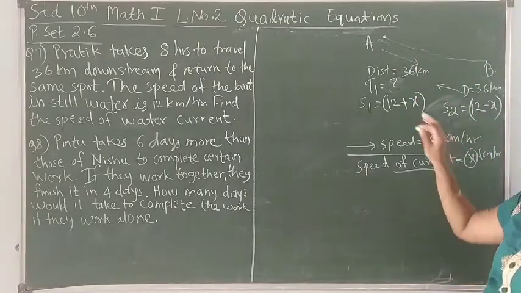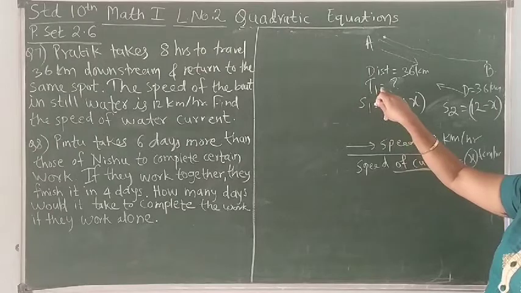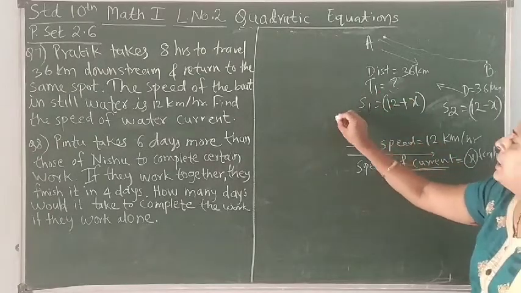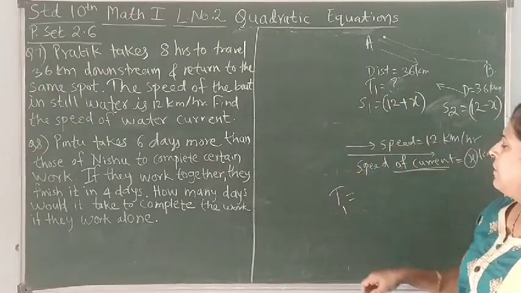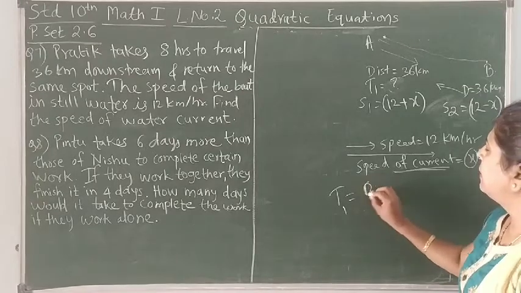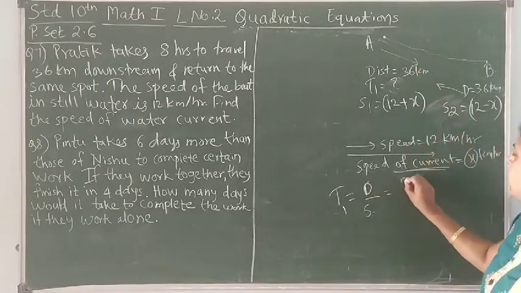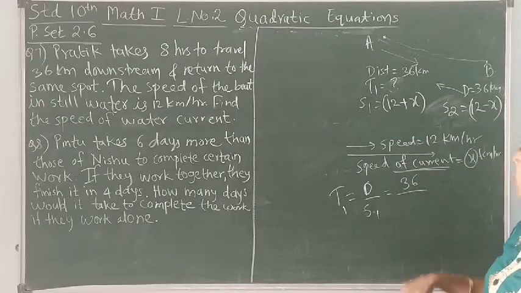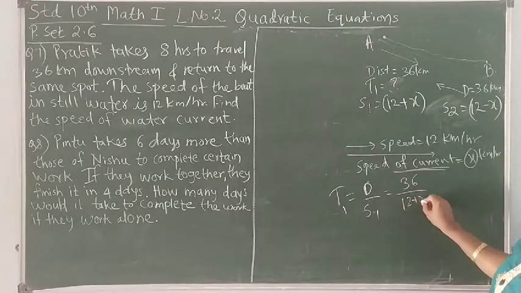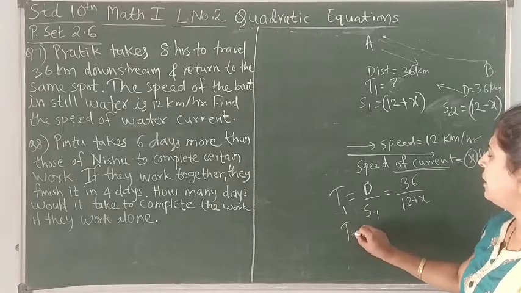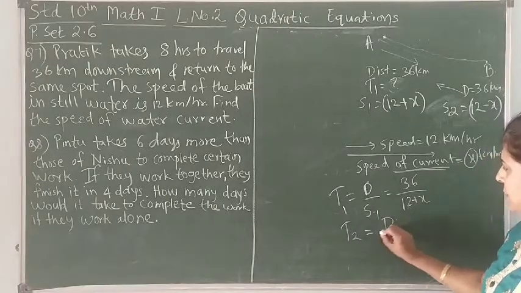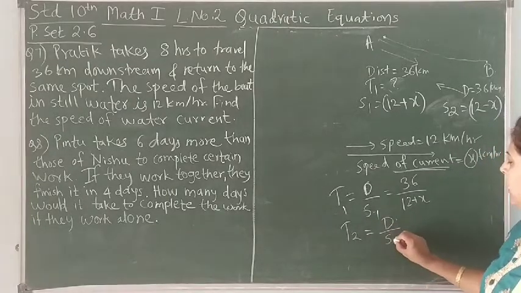Now, if these are the speeds, this is what the time will be. We know that time is distance divided by speed. So time 1 is going to be distance 36 divided by speed 1, which is 12 plus x. And what is t2? T2 is going to be distance upon speed 2.